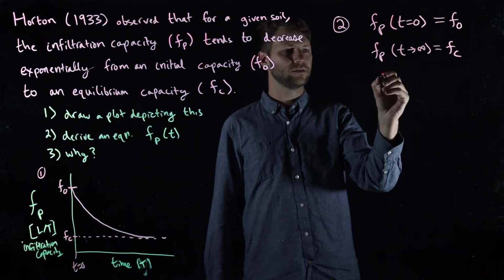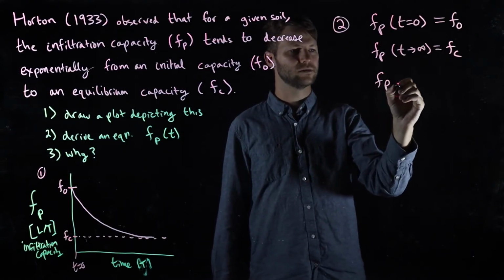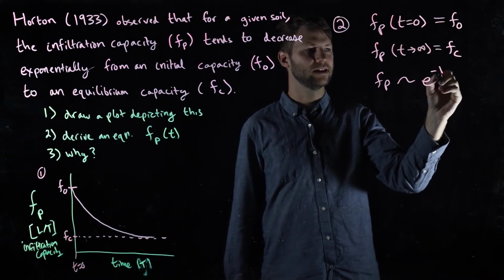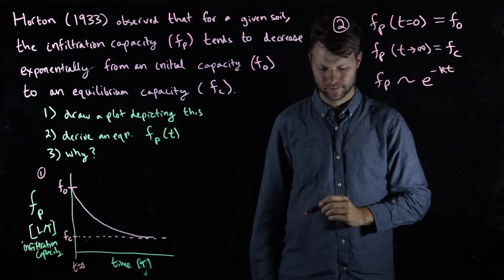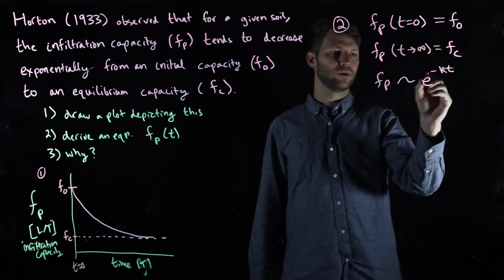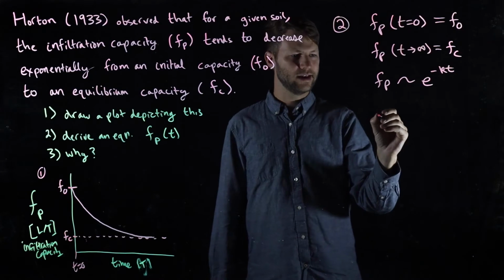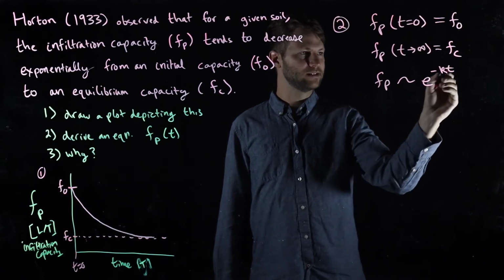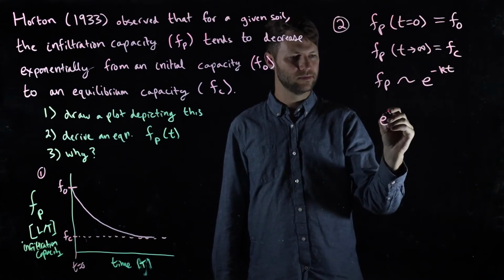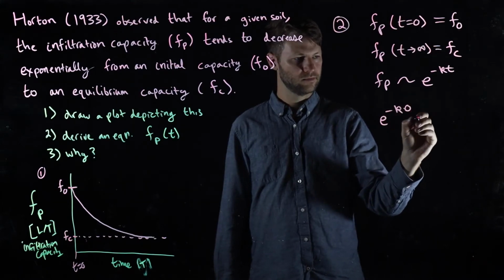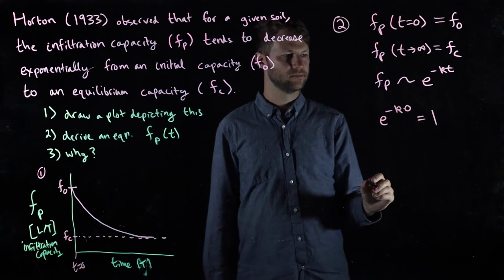I also know that this function in general should scale like a negative exponential, e to the negative kt. Another way of writing that would be 1 over e to the kt. I also know that in general, if I put in t equals 0, this term is equal to 1.